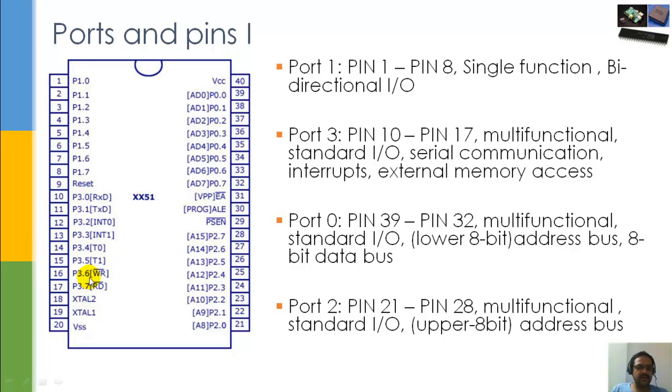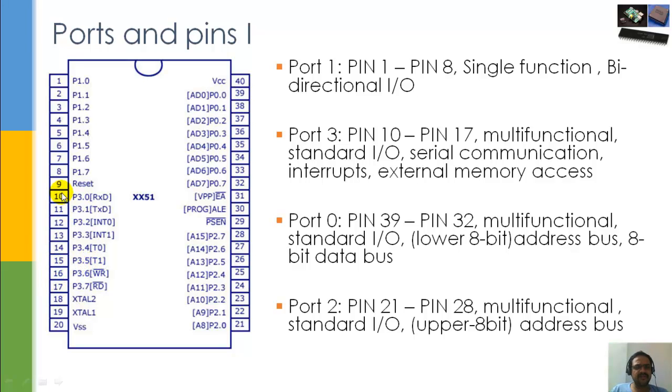Now if I come down, you see a read active low signal and a write active low signal, P3.6 and 3.7, that is pin 16 and 17. These two are used whenever you want to interface external memory.